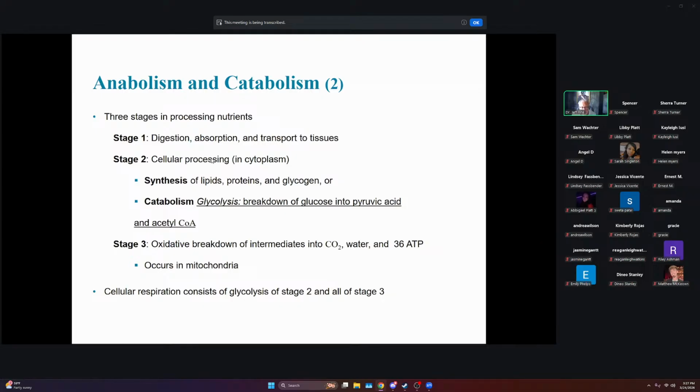So these are the stages of energy production, and again, we're going to go into them in a lot more detail on Thursday. All of that energy production from nutrients to ATP is called cellular respiration.